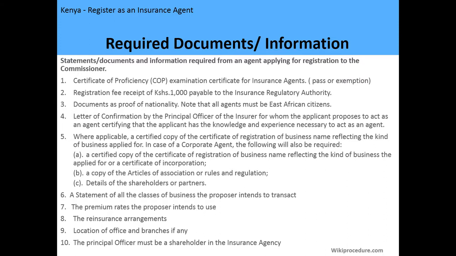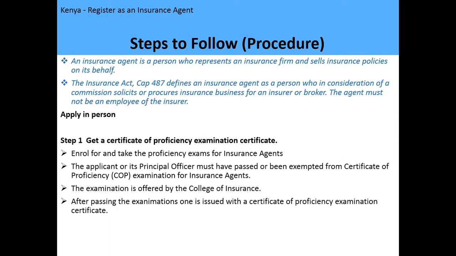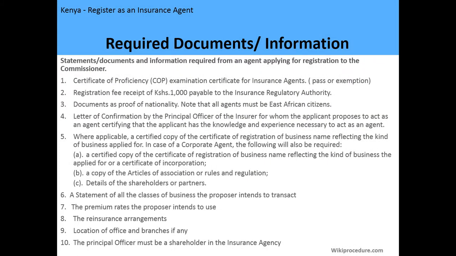You also need a statement of all the classes of business the proposer intends to act in, and the premium rates the proposer intends to use, the reinsurance agreement, location of the office and branches if necessary, and the principal officer must be a shareholder in the insurance agency. So those are the requirements and some of the information needed.